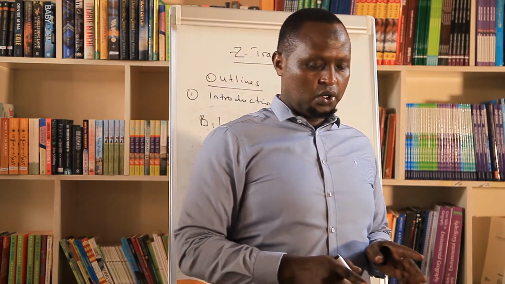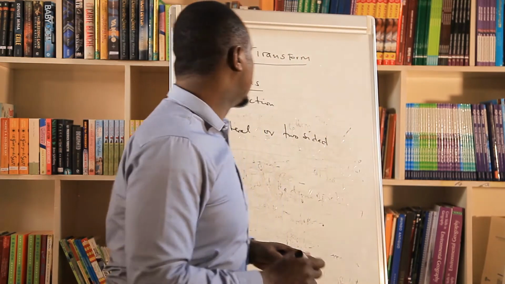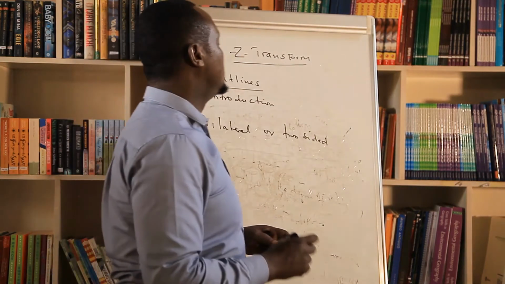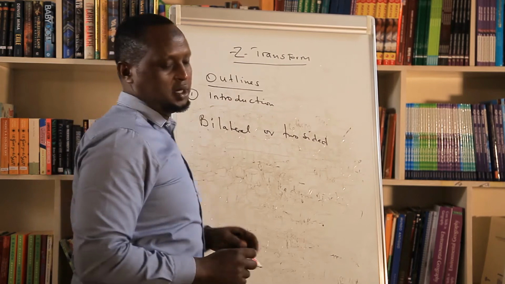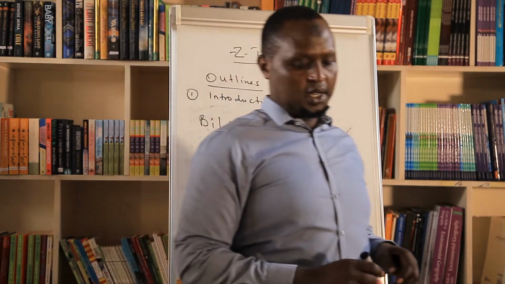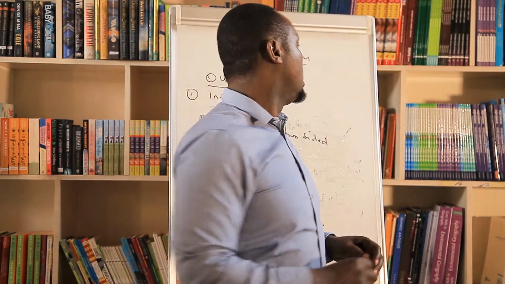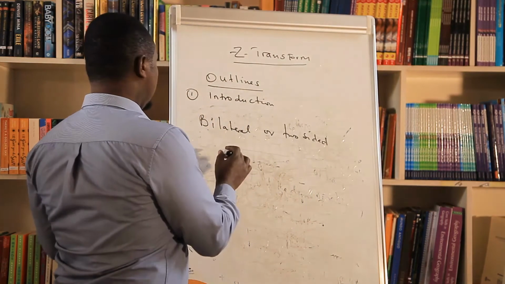You can say bilateral or unilateral: bi means two, and un means one. So now we have something very important.